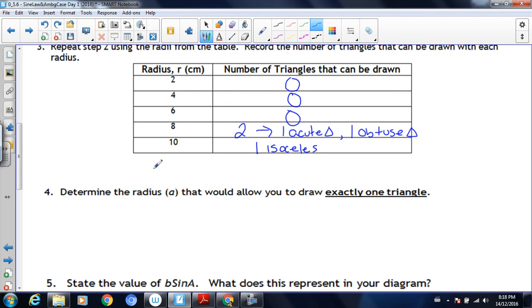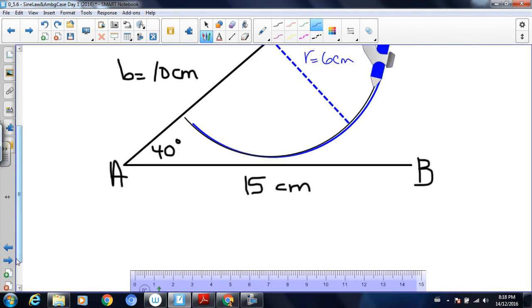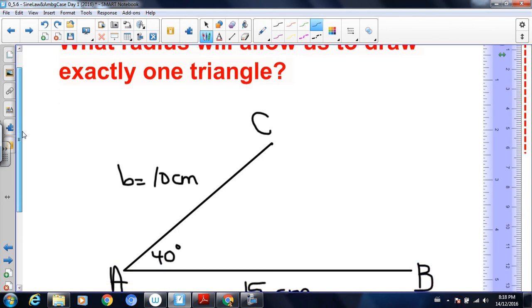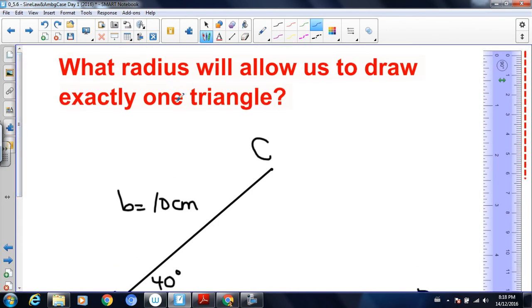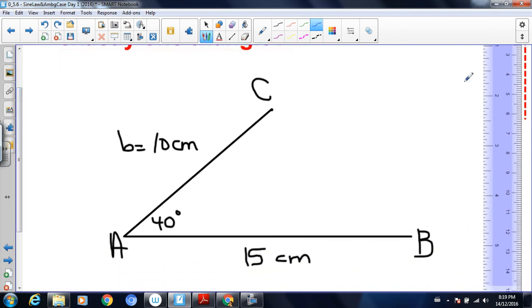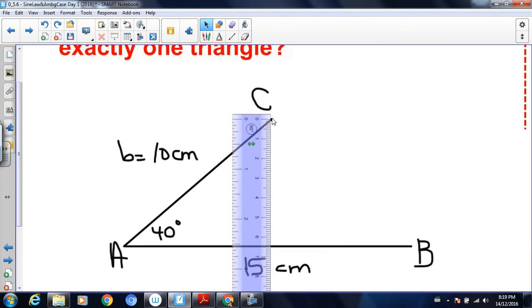Now, determine the radius that would allow you to draw exactly one triangle. So if I have this set up, a radius that would allow me to draw exactly one triangle. This is actually supposed to say one right triangle. So the radius that would allow me to draw one right angle triangle, well, a right angle triangle is a straight line from one vertex down forming 90 degrees.